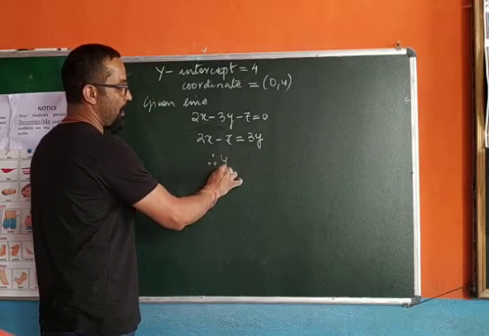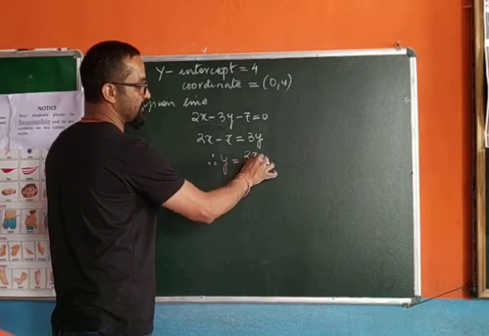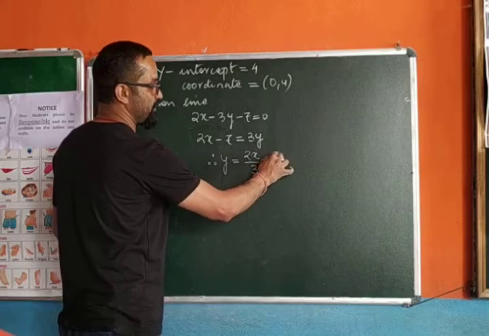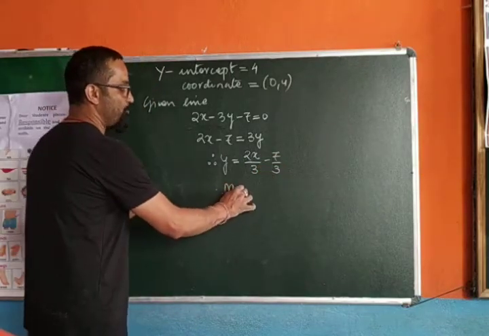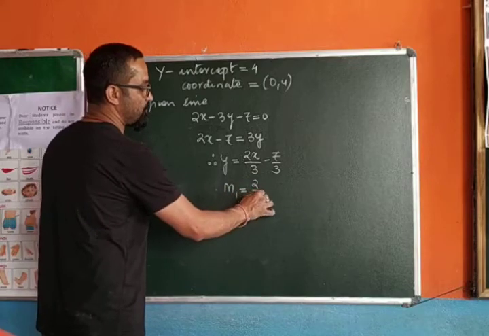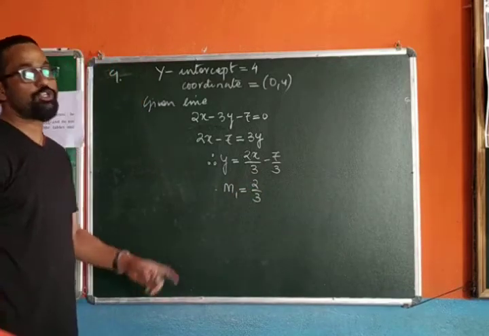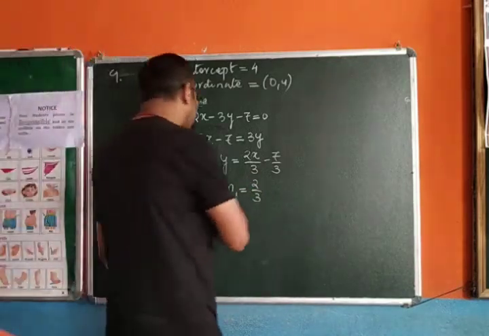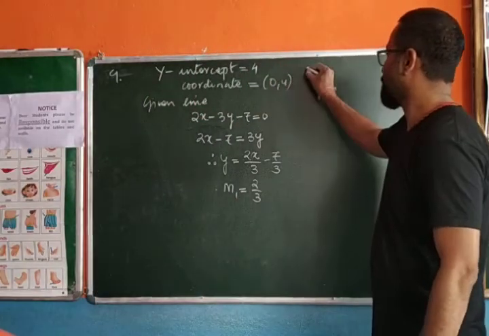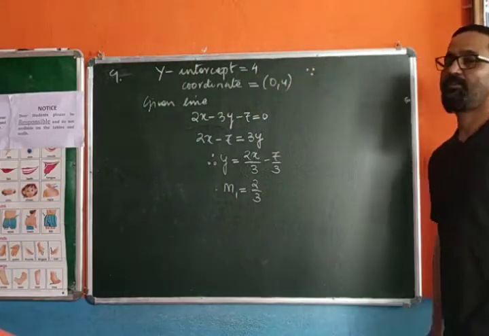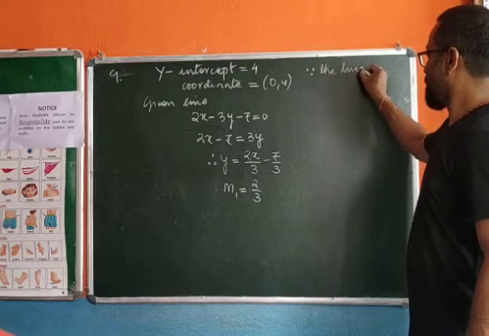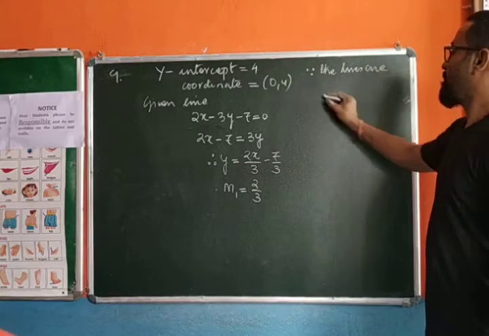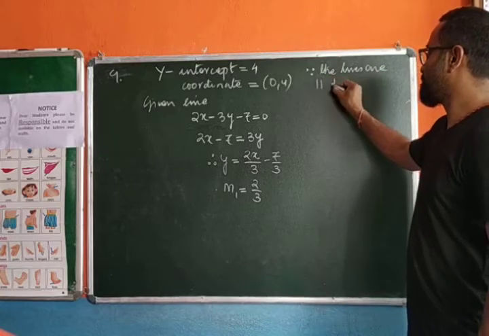Therefore, y is equal to 2x divided by 3 minus 7 divided by 3. Compare it, you get m1, that is 2 by 3. We know the slope. You have to use the condition, since the lines are parallel to each other.